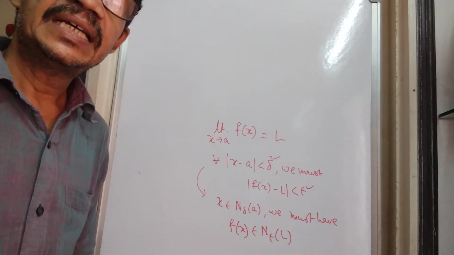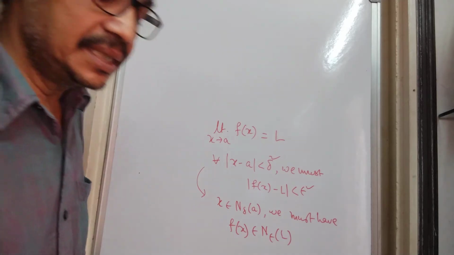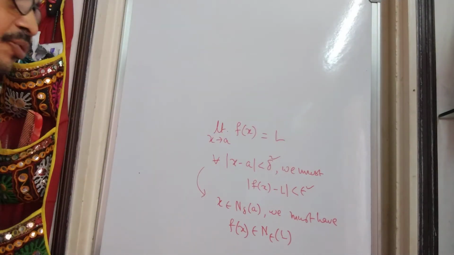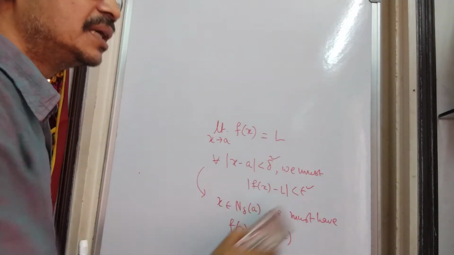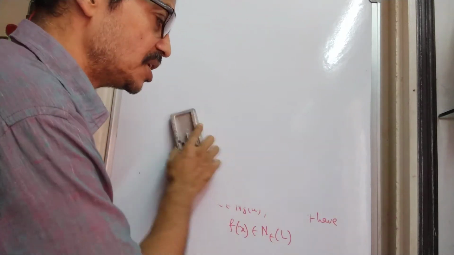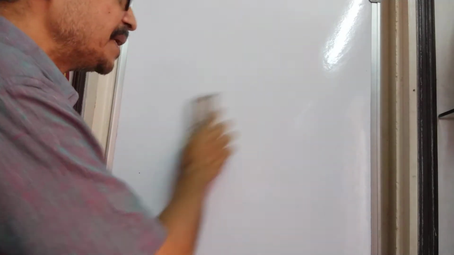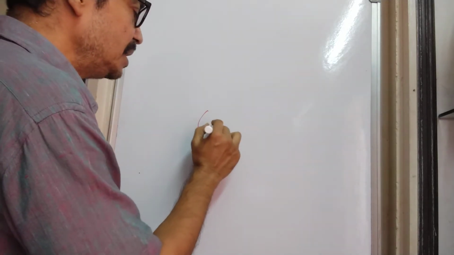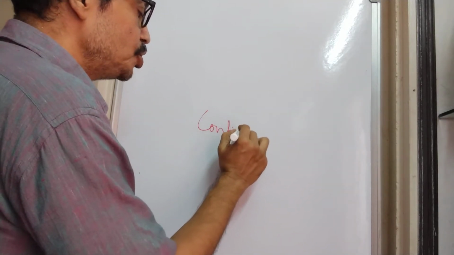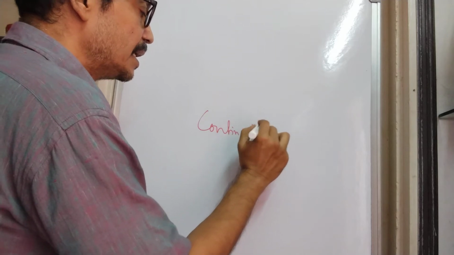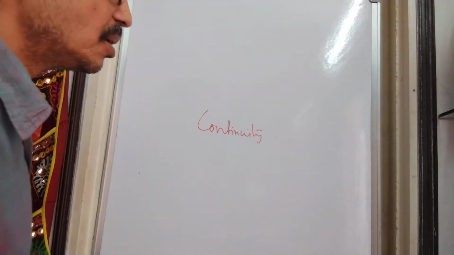As far as the concept of limit is concerned, we don't have to say any word about the relation between delta and epsilon. But whenever we extend this concept of limit to the concept of continuity of a function, we should be a bit rigorous or precise.